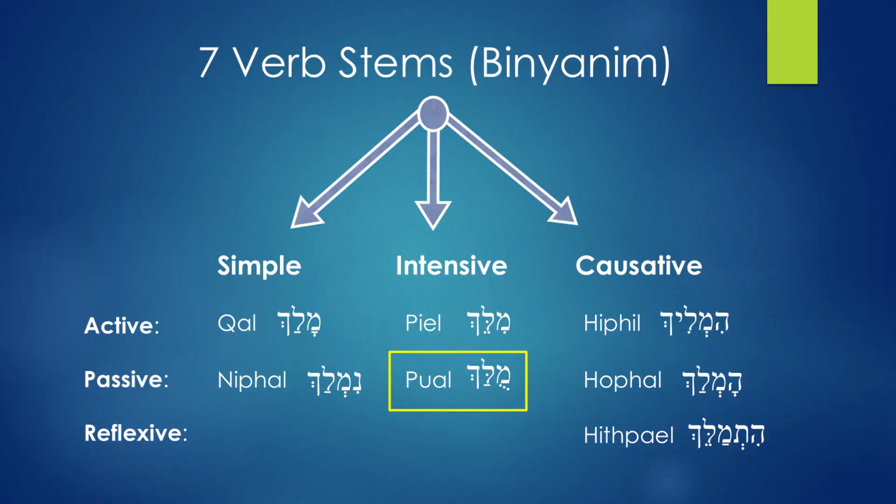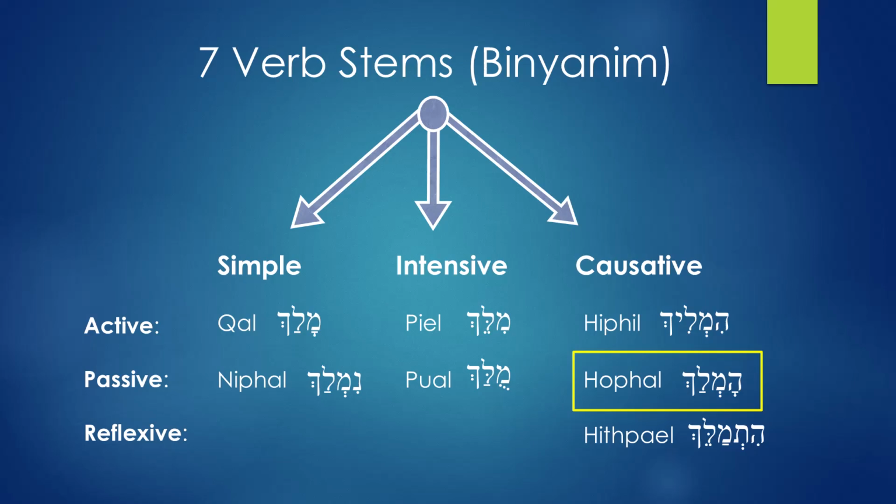But if we're using a verb like break, the translation in Pual, instead of saying he was broken, is going to be he was shattered. But for the verb we're using, malach, it's going to be he was ruled, still in the passive voice. So the form in Pual is going to be mulach.